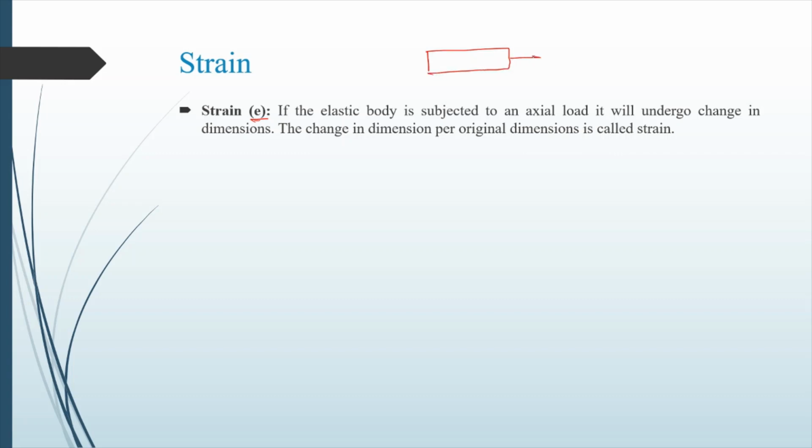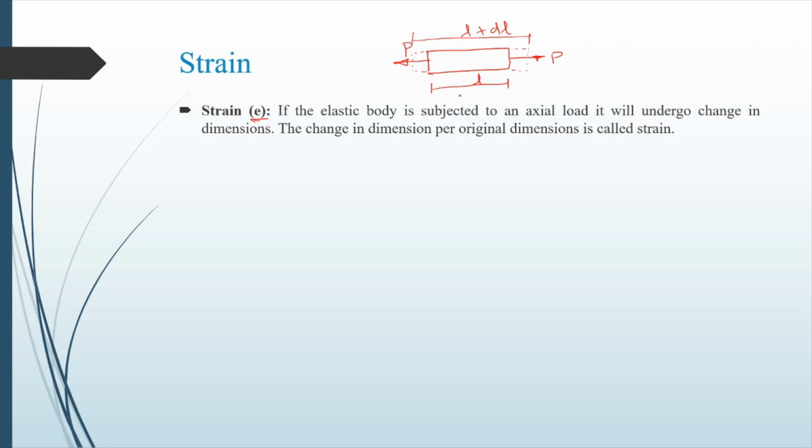Suppose this body is acted upon by force P, a tensile force, and it has length L. Due to application of force, this body will change its dimension from L to L plus dL. So the final dimension will be L plus dL.